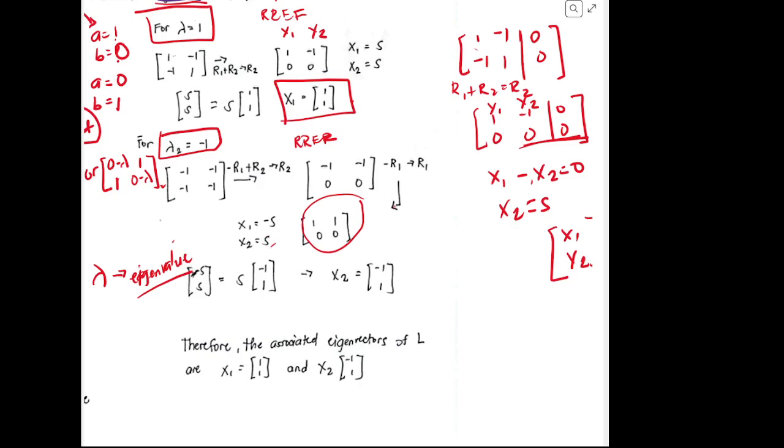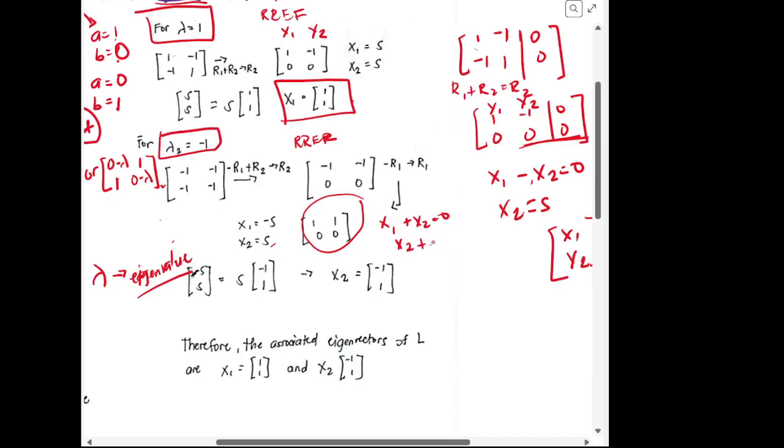The same pattern for x sub 1, when we write it into an equation, x sub 1 plus x sub 2 equals 0. Replacing our x sub 2 by s, x sub 1 plus s equals 0. So we have x sub 1 equals negative s.